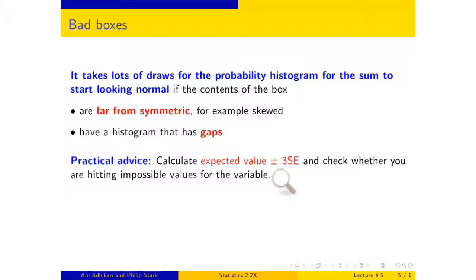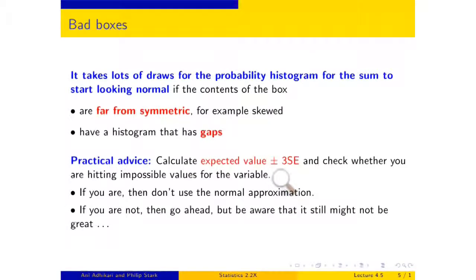Whether a positive variable suddenly is hitting negative values, or whether it's a percent and you're getting numbers that are bigger than 100%. If you are getting nonsense, don't use the normal approximation. And if your numbers are within a physically possible range, go ahead.